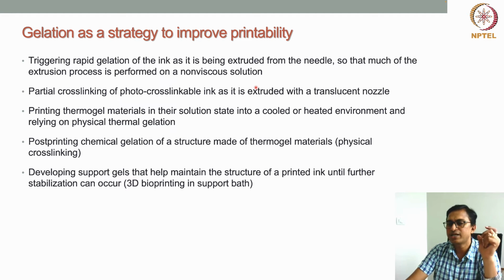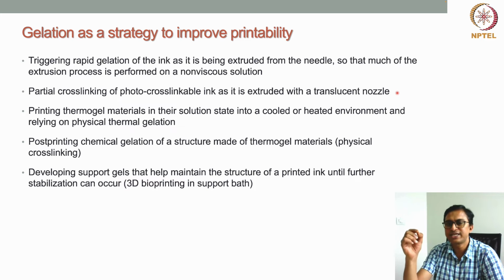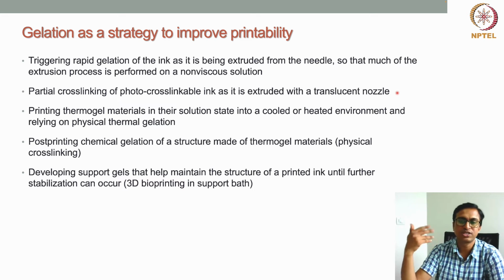Now many times the photo cross-linking process is not very fast. It takes a few seconds. But the photo cross-linking process can be initiated when the material is inside the nozzle. In that case, the nozzle has to be translucent so that the light can pass through the nozzle and illuminate the material, so that the material gets the light energy and the photo cross-linking process starts.